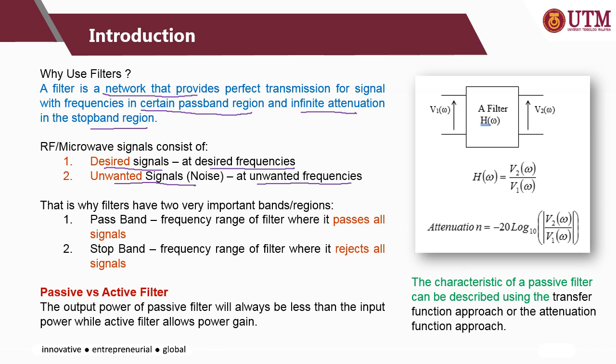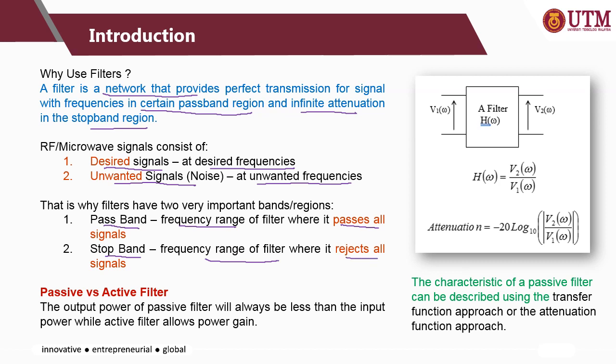So the filter has two important bands or regions: the passband and the stopband. Signals that lie within the passband region will be chosen, or filtered in, while signals within the stopband area of frequency bands will be rejected.